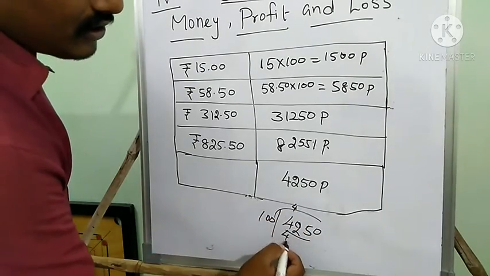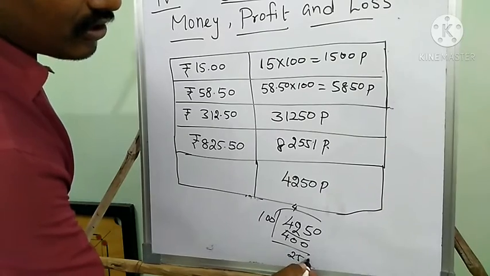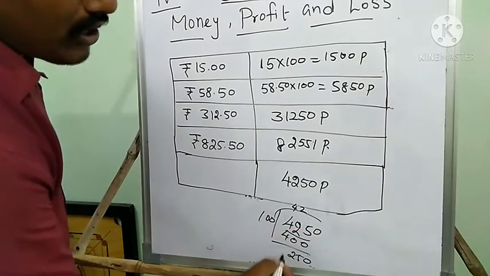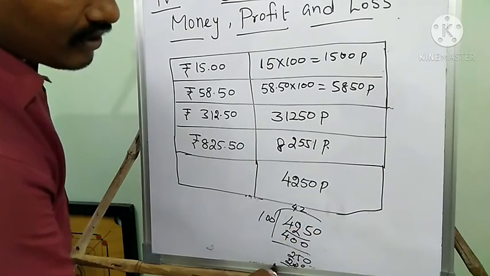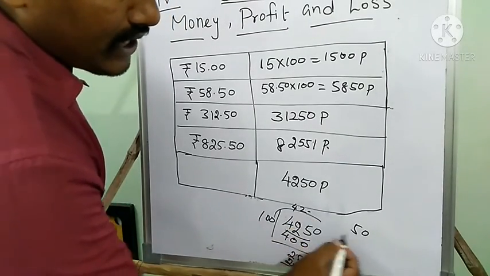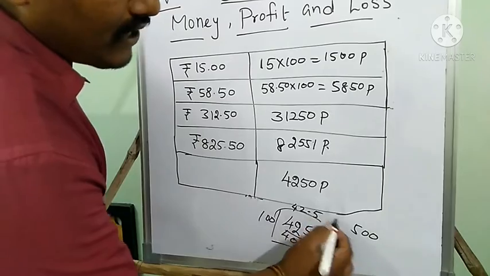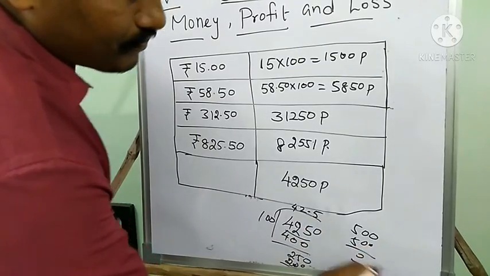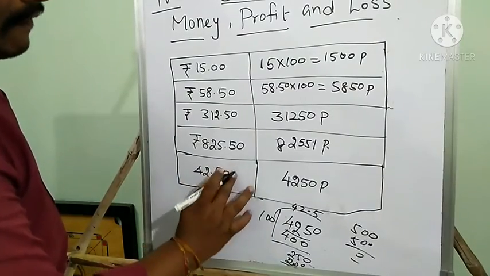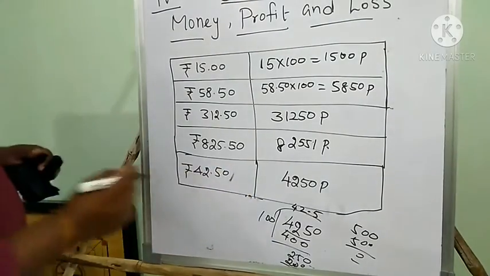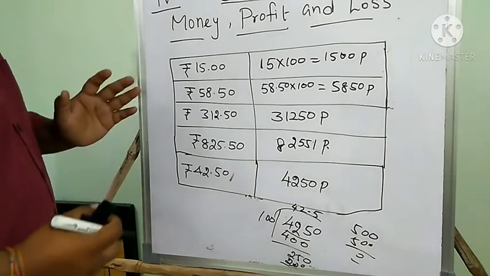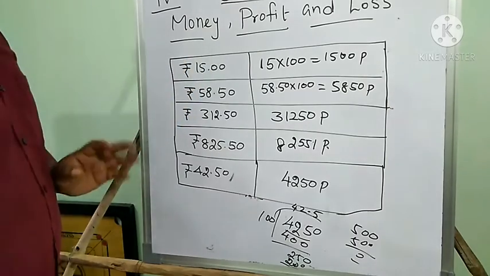So 400 is equal to 400, then 425, then take down 0, then 2 times 200 is equal to 200, then you get remainder 50, then point, you will take one more 0, 500, so 500, 0, then 42 rupees 50 paise. So I hope you understand how to convert rupees into paise, paise into rupees.